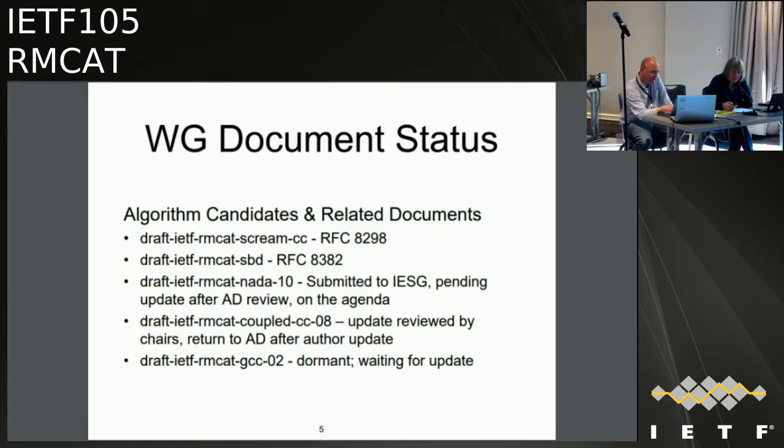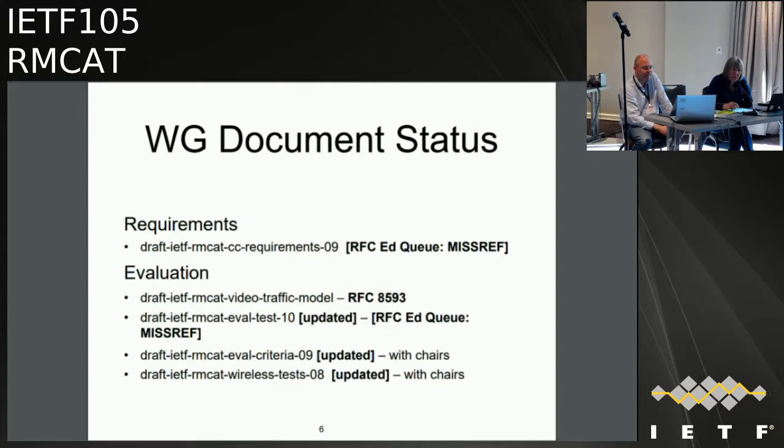And of course, the GCC congestion control was a draft that we don't expect that it will continue. Then we have the various documents. We have the requirements draft that is in the RFC editor queue, and there is now hope that this whole bundle will be resolved quite soon. So probably this draft will finally move on to RFC.